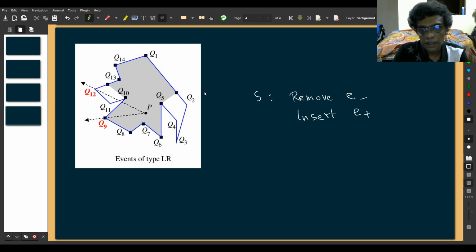It stays in this sweep ray information. It will stay active for some time. Then you see whether this E plus is the closest.